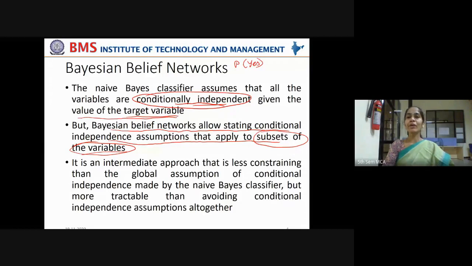Whenever you have a subject matter expert or domain expert involved in developing a machine learning model, they can give you ideas about which variables are conditionally dependent and which are independent. Based on that, your work will be easier, and you can set up the Bayesian belief network. What is the use? Why do you need to see whether the variables are conditionally dependent or independent?